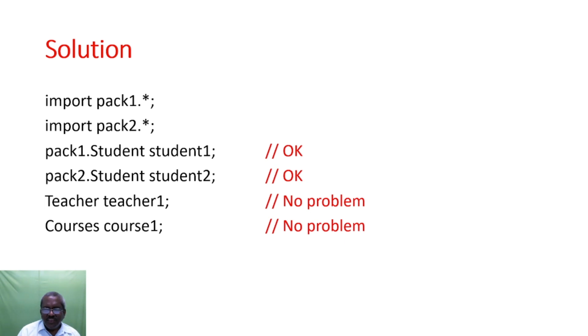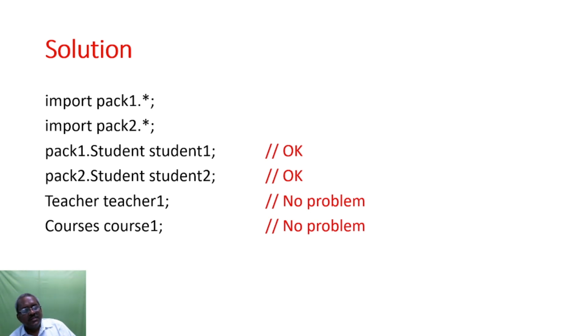So this is allowed because in package 1 only teacher is there. In package 2 the teacher class is not present. In package 1 the courses class is not present.